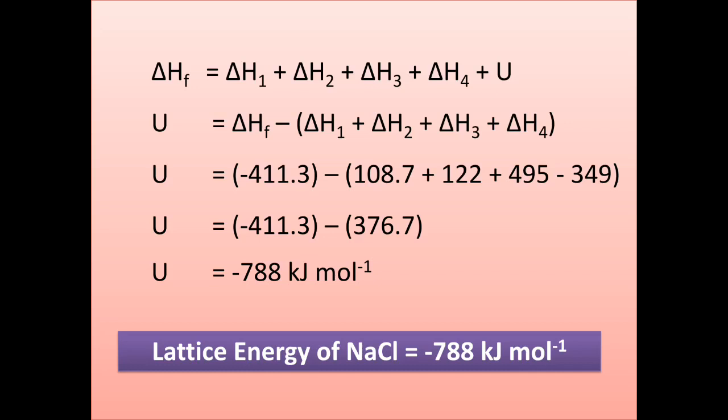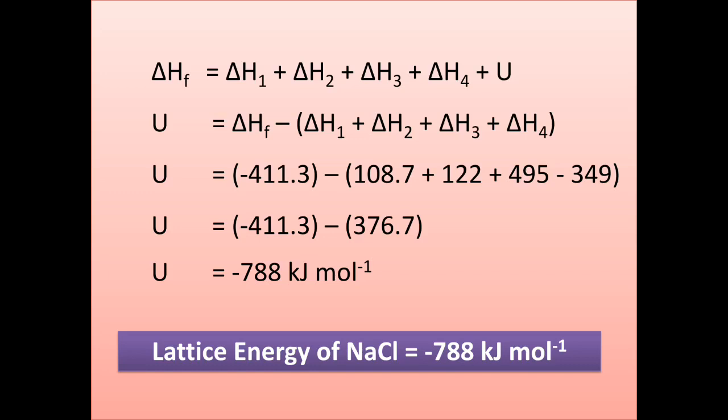So on substituting these enthalpy values, we can get the lattice enthalpy of minus 788 kilojoule per mole. Here this negative sign indicates that the energy is released when sodium chloride is formed.